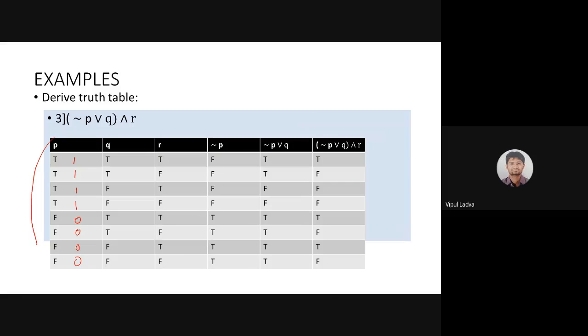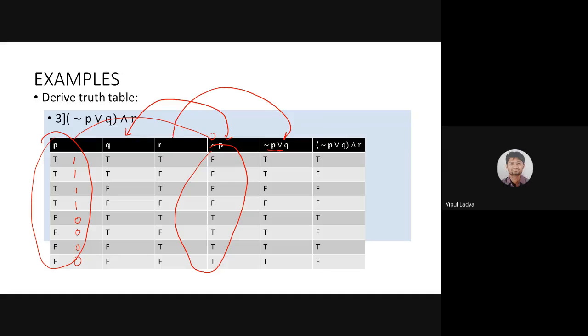Once we have the value of P, we may easily go for the negation of P. It is totally the reverse of P. This is negation of P, then negation of P with Q. So we'll be focusing on both of these. Negation of P with the disjunction of negation of P and Q, and then the conjunction of this with R. So that will be the truth value of the conjunction of negation of P, disjunction Q, with R.